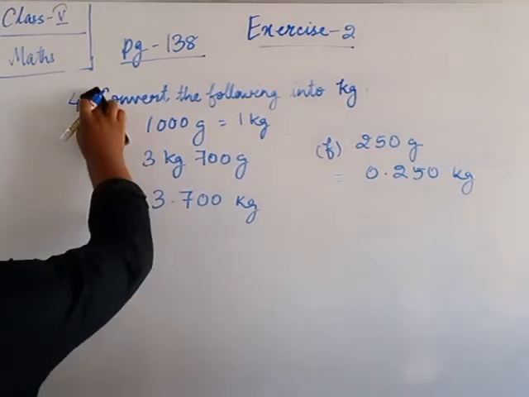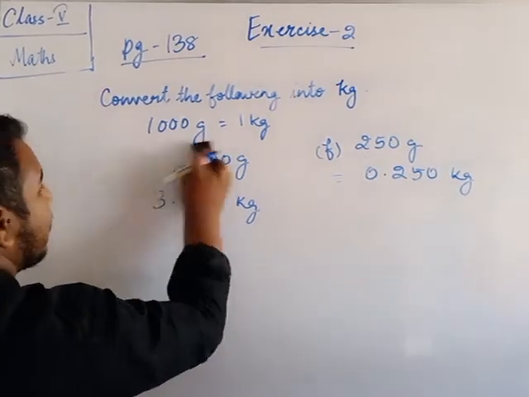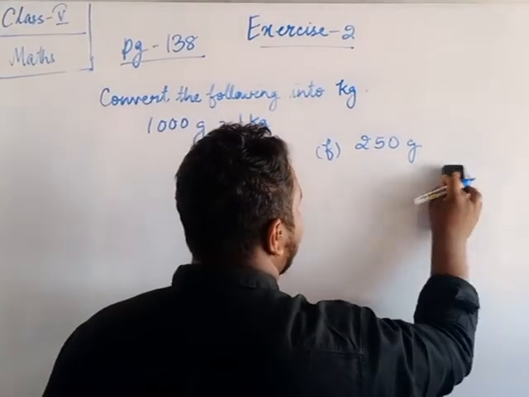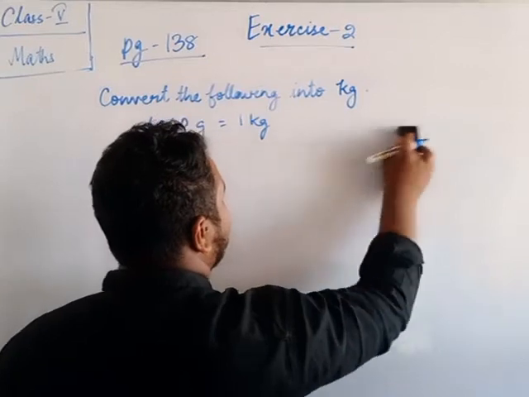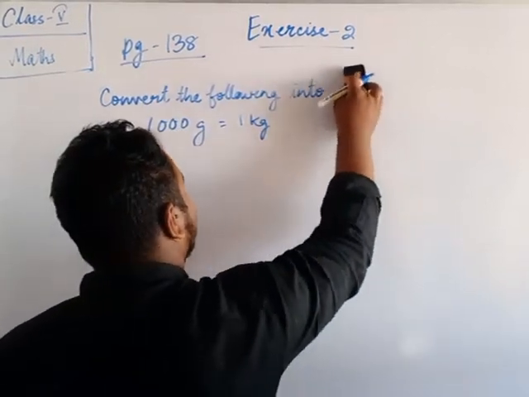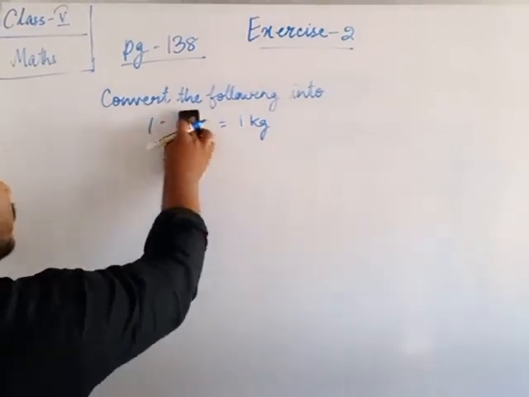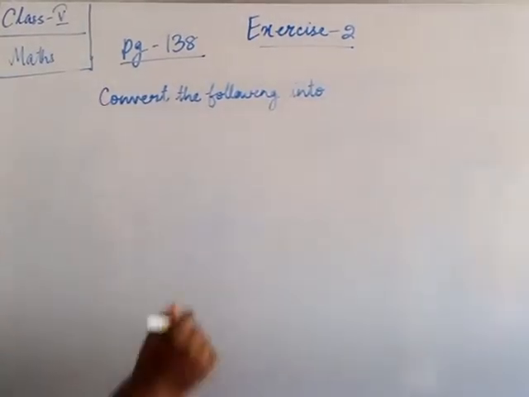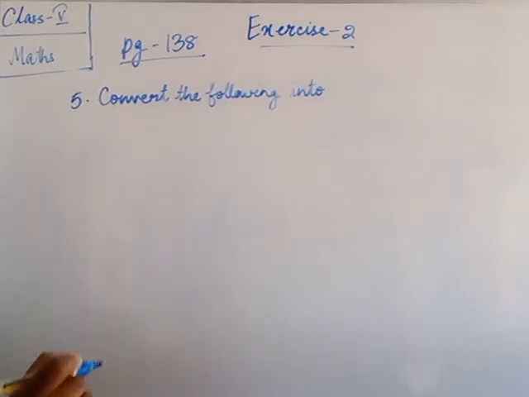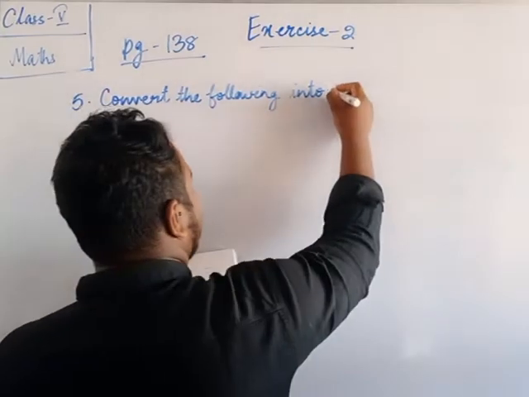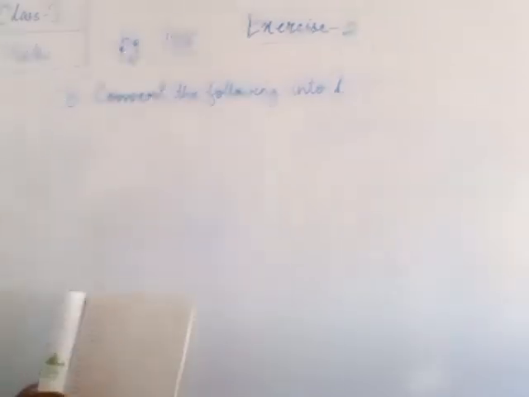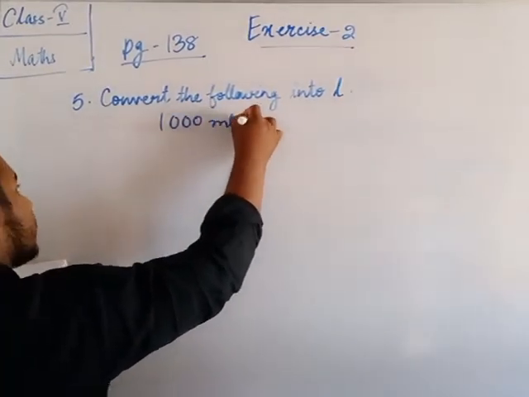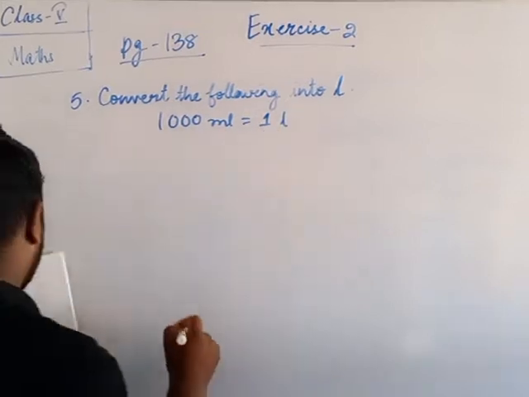Then you can see question number 5. Convert the following into liters. Same, 1000 milliliter is equal to 1 liter.